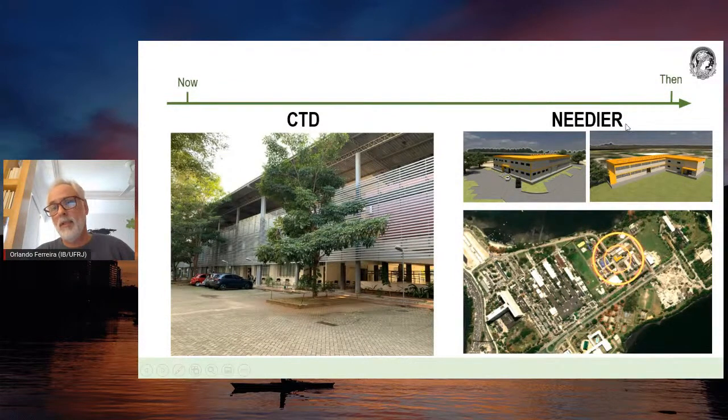I'm just showing you an image of the future. This is the NEEDIER, as I said, a new nucleus of the university. It will be held in this building that is located where the BioRio is currently located. So this is the future of the Center for Testing and Diagnosis that started in March last year.